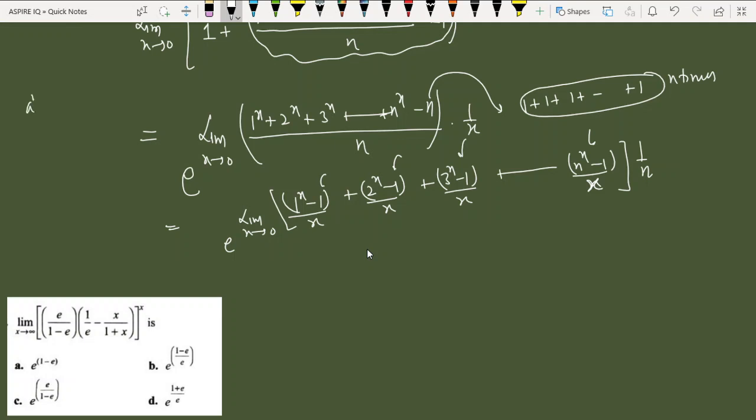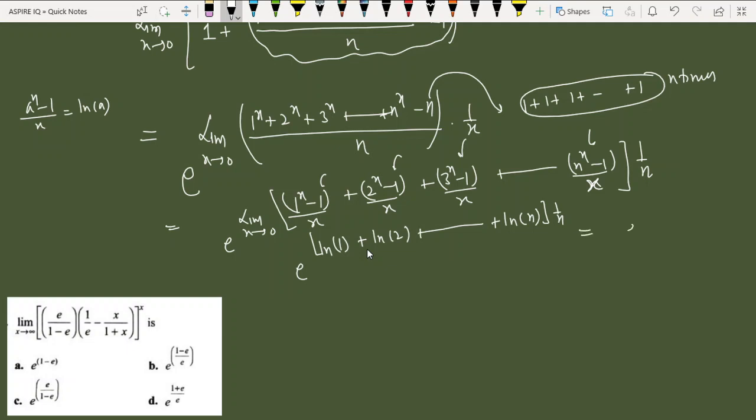So this is the formula: (a to the power x minus 1) upon x is equal to ln a. So we get (ln 1 plus ln 2 plus ... plus ln n) upon 1 by n.